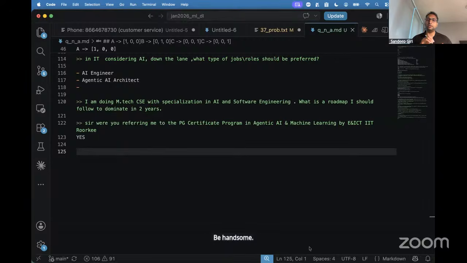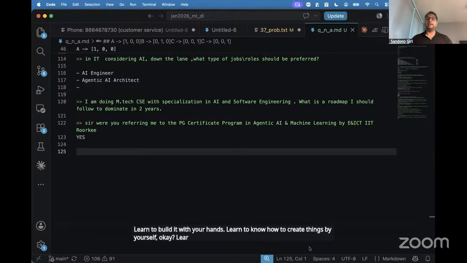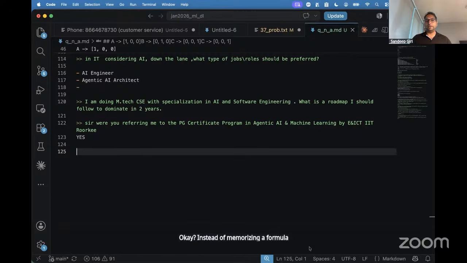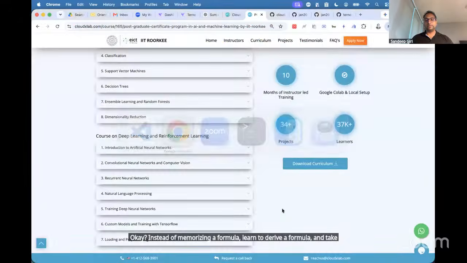Don't just learn or memorize an idea or a concept. Learn to build it with your hands. Learn to know how to create things by yourself. Instead of memorizing a formula, learn to derive a formula.